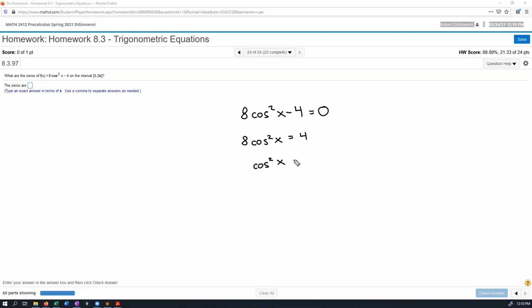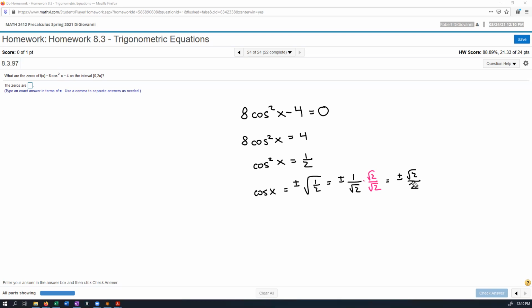Divide both sides by 8, you get a half. Now take the square roots: cosine x equals plus or minus the square root of half, which is plus or minus 1 over root 2. Then rationalize the denominator so that we can recognize what this is: plus or minus root 2 over 2.